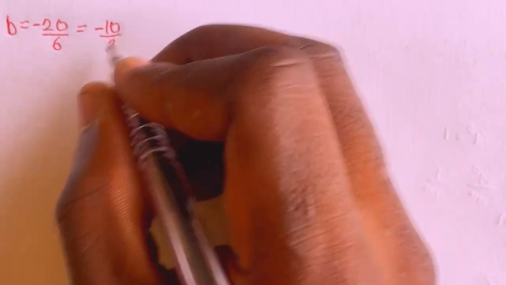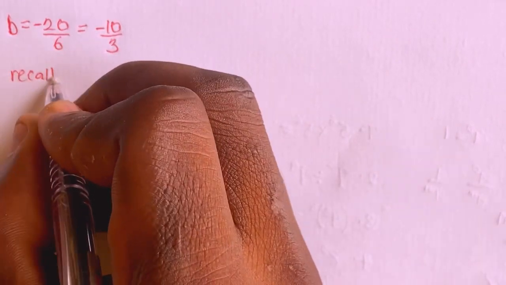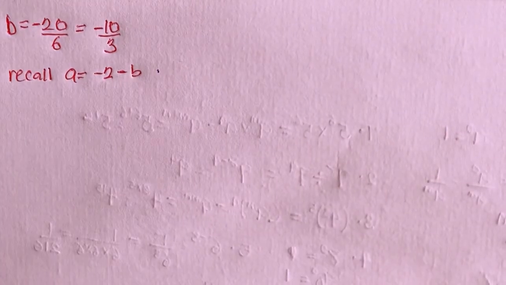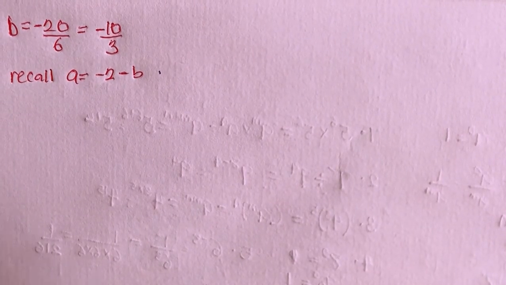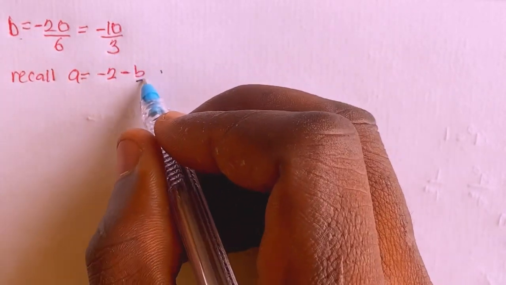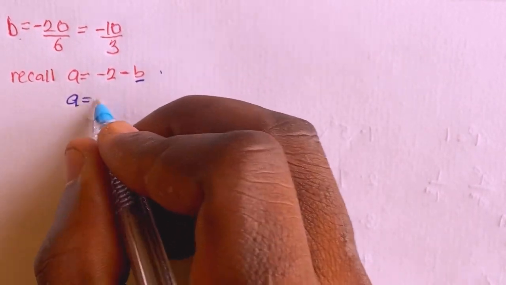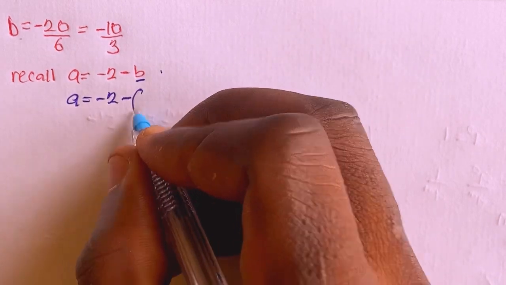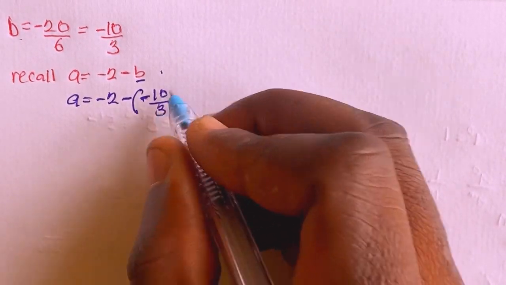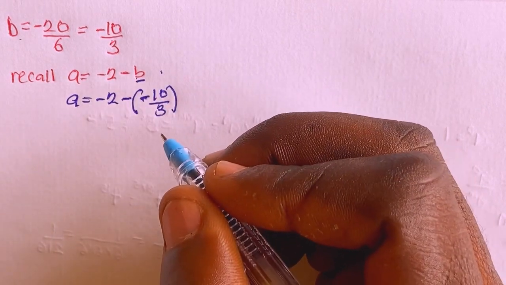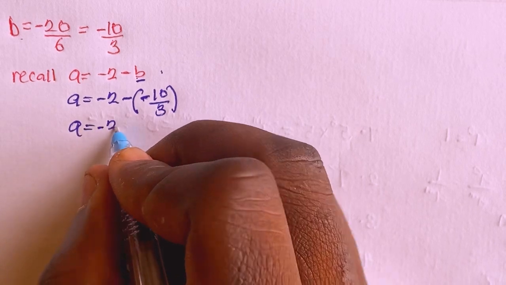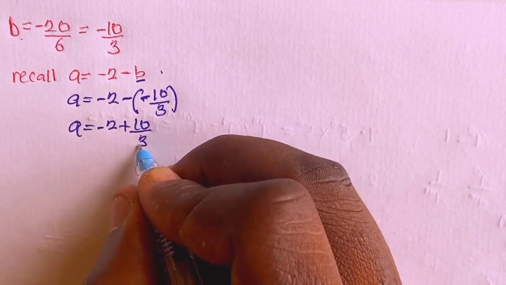Then I can now recall that my a equals minus 2 minus b. So in this case, I'm going to put my b, which is minus 10 over 3, into this side. a equals minus 2 minus open brackets minus 10 over 3. So a equals minus 2 plus 10 divided by 3.